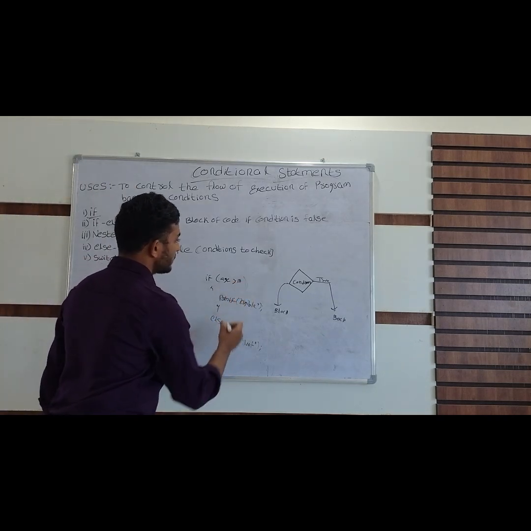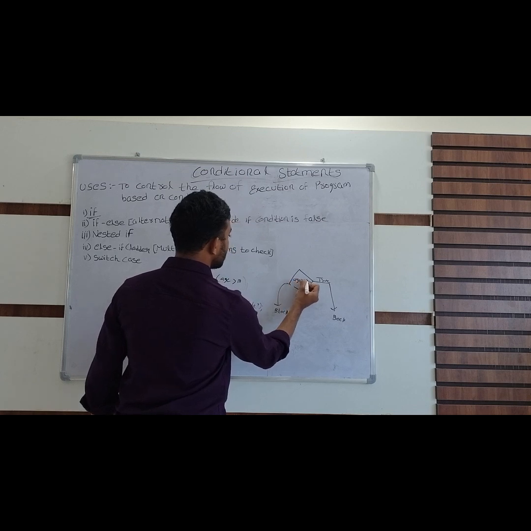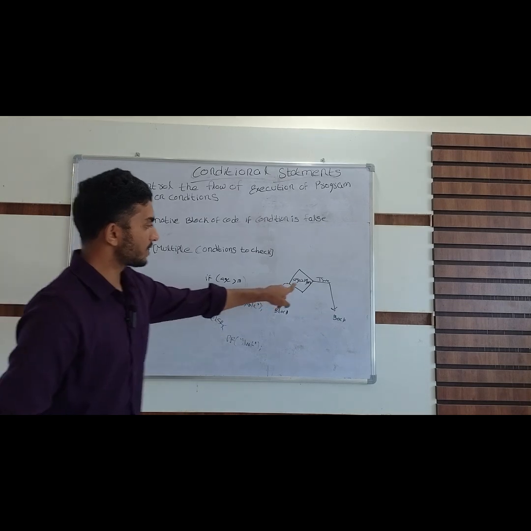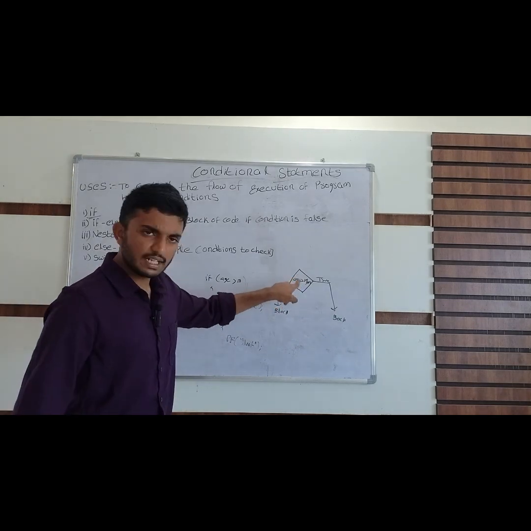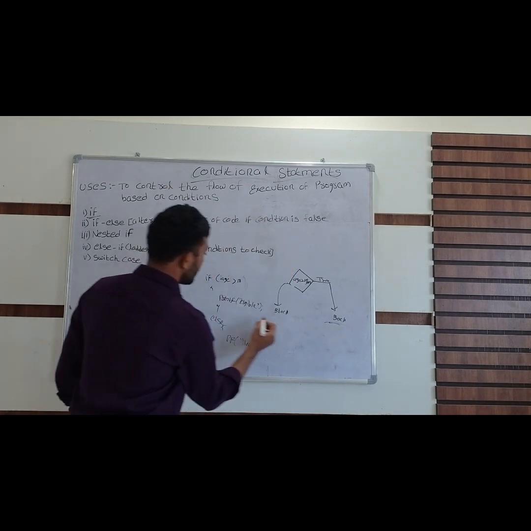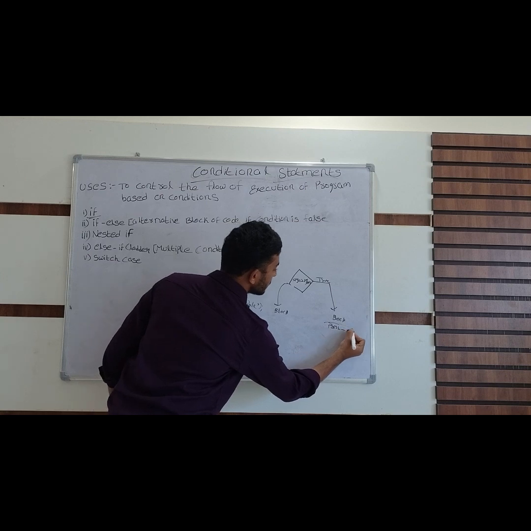Here my condition is if age is greater than 18. It will first check the condition. If this condition is true, then it will execute this block, which means it will print eligible.